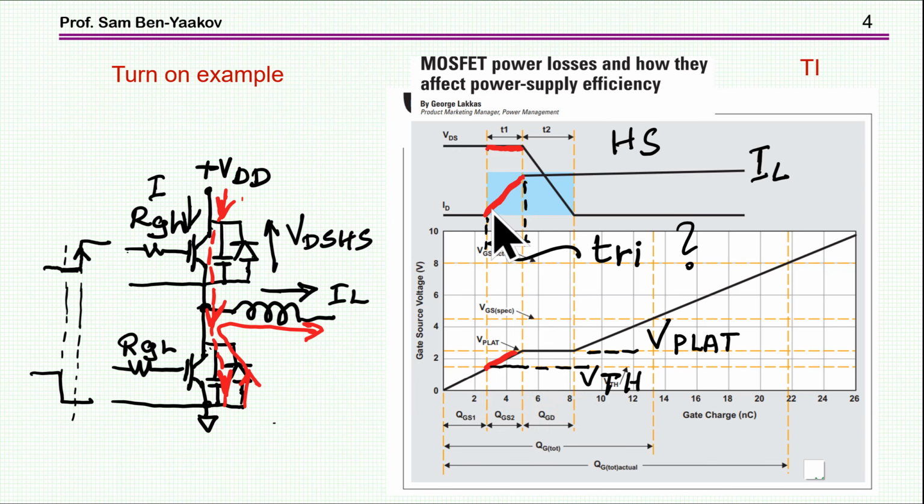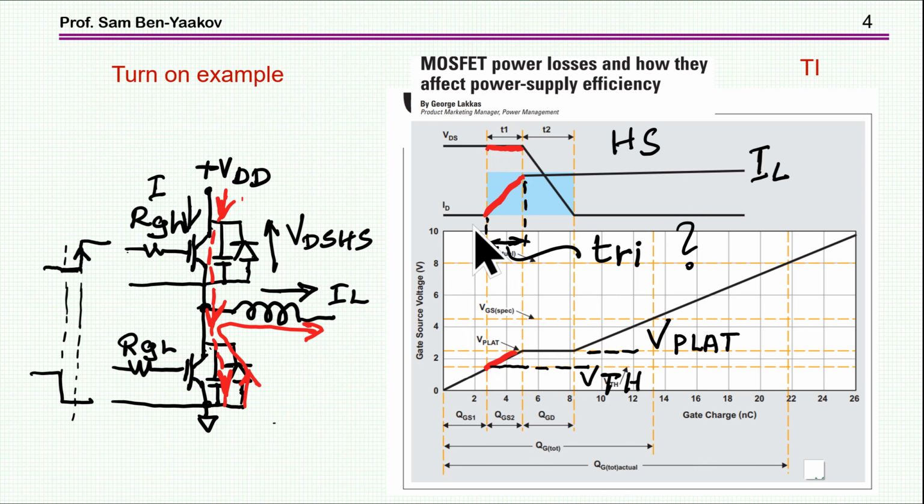Only then there starts to be a current, and then the current goes up until it reaches the inductor current, and then we have a linear region at which the transistor is in, and due to the Miller effect we have the plateau. And only then, when the voltage goes down to zero, we are at the on state.